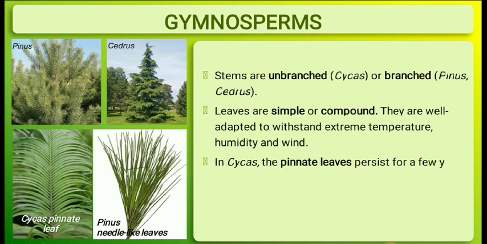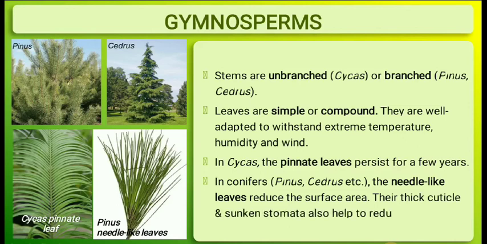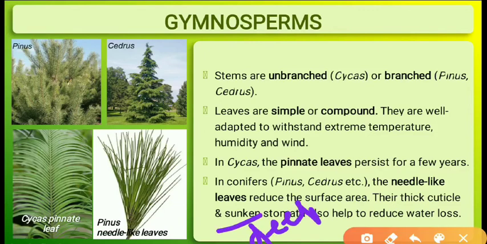In Cycas the leaves are pinnate and persist for a few years, and in conifers like Pinus and Cedrus the leaves are needle-like and reduced. The reduced surface area, thick cuticle and sunken stomata also help to reduce water loss. Sunken means deep stomata, because they try to conserve water.